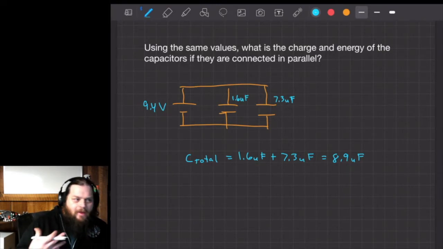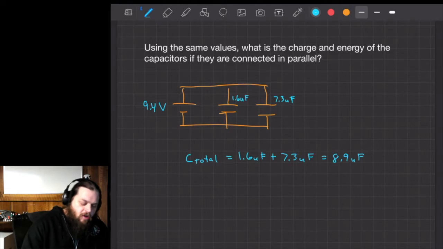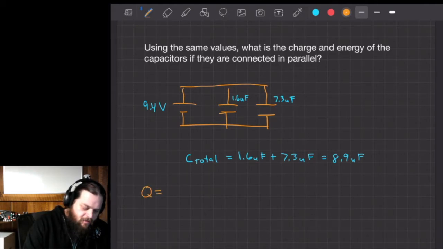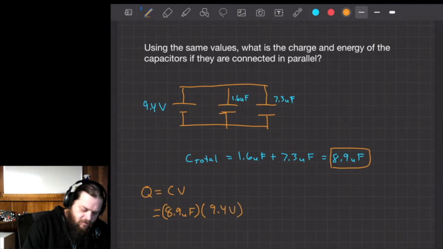Once we have that capacitor total, we need to find the charge and the potential energy that's in there. So the charge, just like before, Q is going to equal CV. So taking this total capacitance, that's going to be equal to 8.9 µF times our voltage, 9.4 volts.